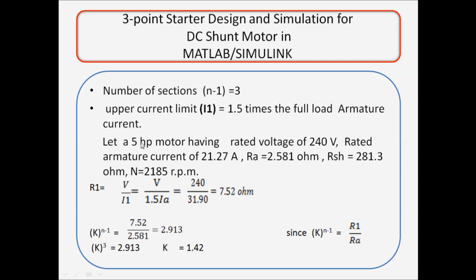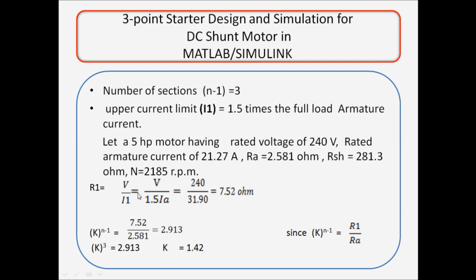This is the data I am taking for a DC shunt motor: 5 HP motor, rated voltage is 240 volts, rated armature current is 21.27 ampere, armature resistance is 2.581 ohms, shunt field resistance is 281.3 ohms, and the rated speed is 2185 rpm.